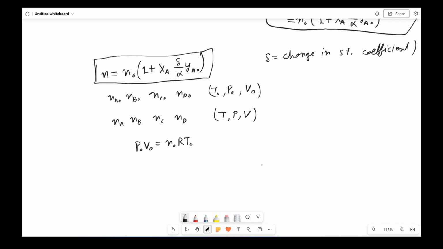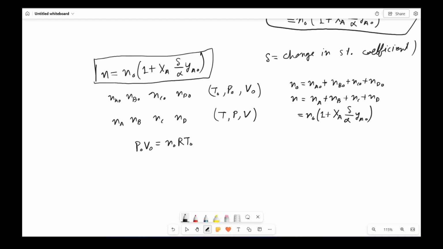Now remember this N naught is the summation of all the Na naughts, like N naught is equal to Na naught plus Nb naught plus Nc naught plus Nd naught, and N is the summation Na plus Nb plus Nc plus Nd, which is again equal to N naught in terms of, I am writing in terms of conversion of A, capital A, delta by alpha Ya naught.